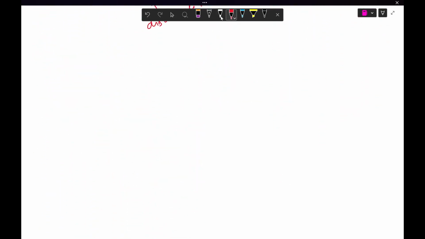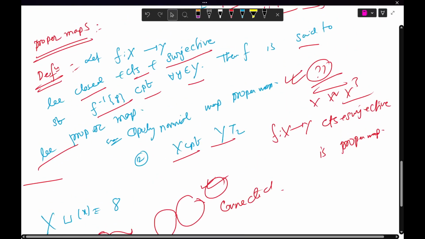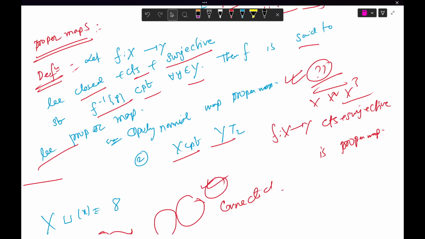Sir, in the definition of proper maps, the condition is that f inverse of y is compact for all y. So here we are not considering whether f is injective or not, because if f is not injective, then f inverse of y may have multiple values. Yes, we are not taking injectivity into consideration. f can be any map.